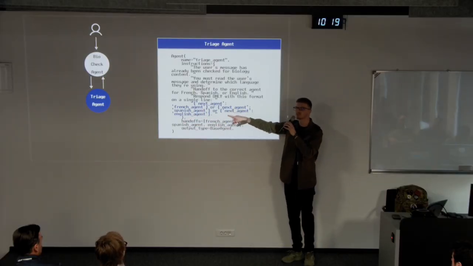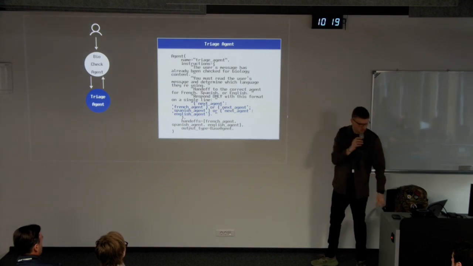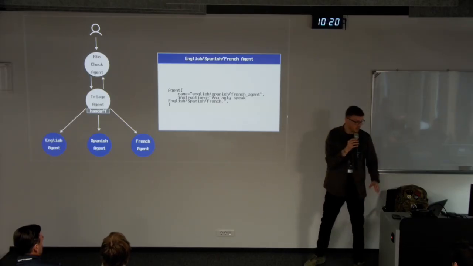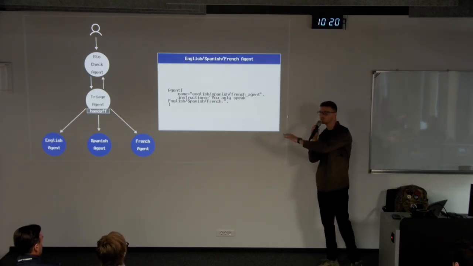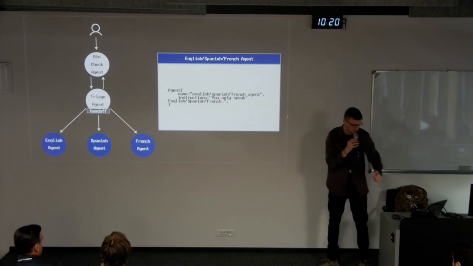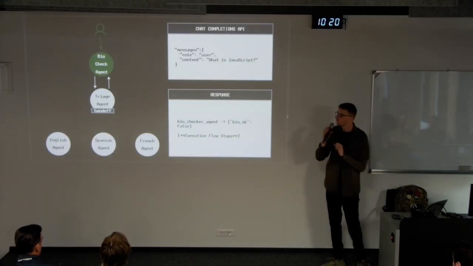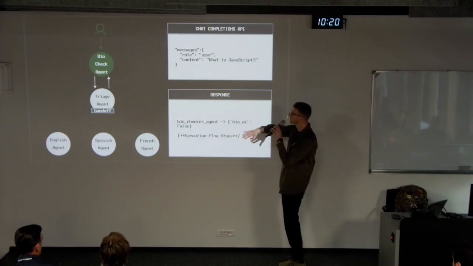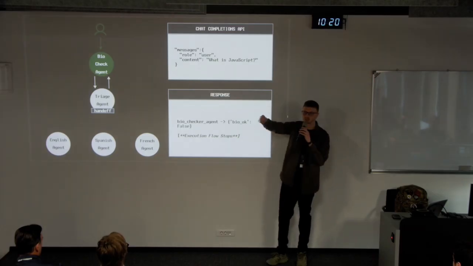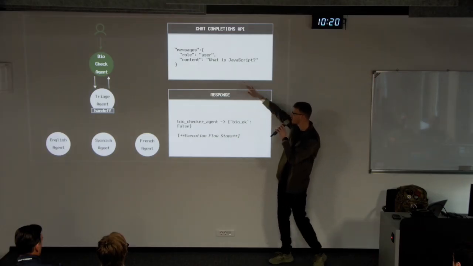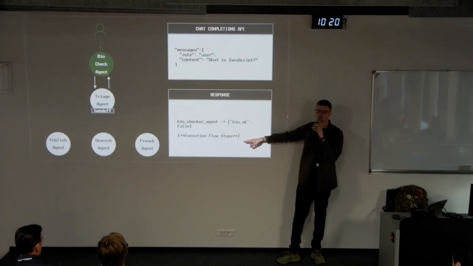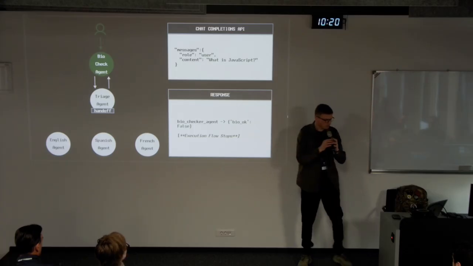This agent can pass the input to the next agent, which can be the French agent, Spanish agent, or the English agent. The task that we wanted this particular agent to do was to translate the answer for a particular question. The intended workflow for this specific use case was: in cases where the user query is not related to biology, and the query is something like, what is JavaScript? Then the biochecker agent would respond with false, and the execution flow would immediately stop.